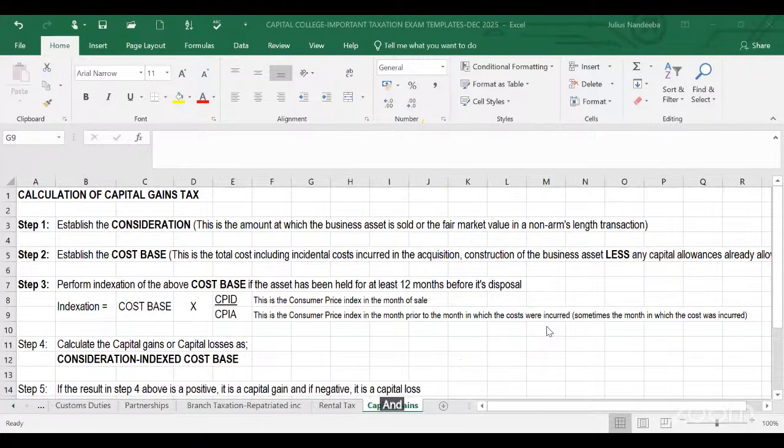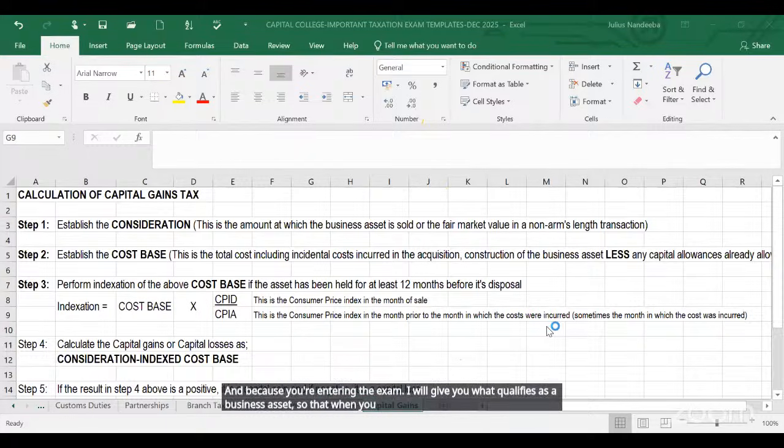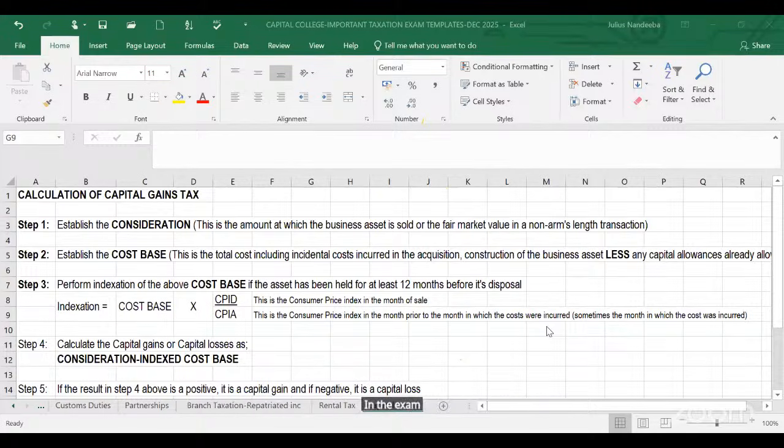And because you're entering the exam, I will give you what qualifies as a business asset, so that when you see it being disposed of in the exam, you know that now they are asking for capital gains. So number one is when they are disposing of, for example, a building, when they are disposing of land, when they are disposing of shares. Then you know they want you to calculate capital gains.